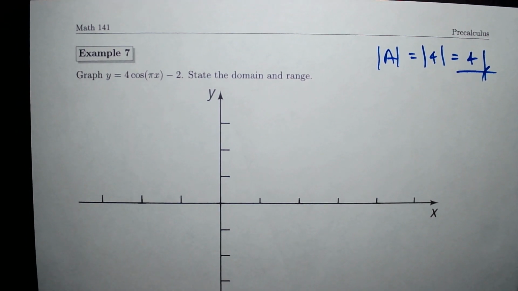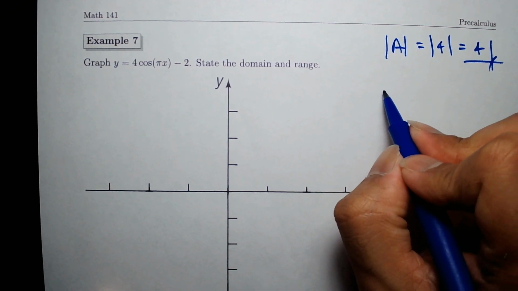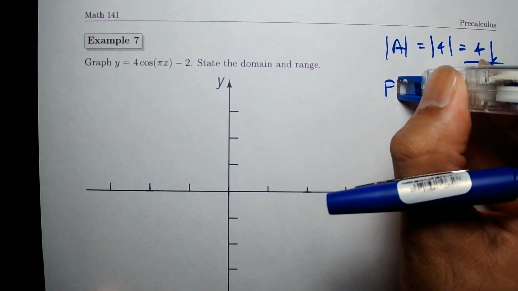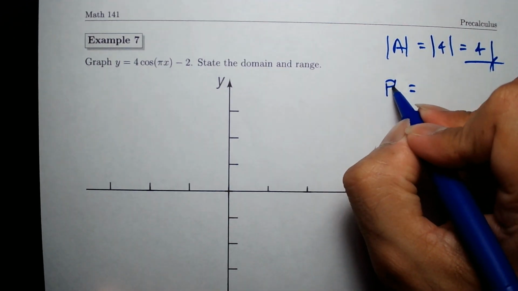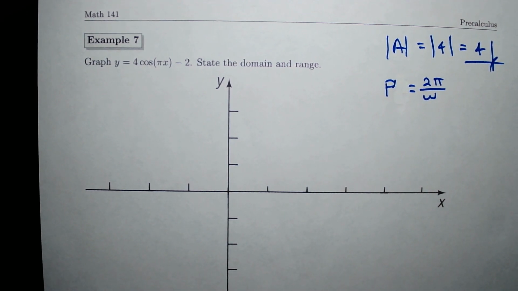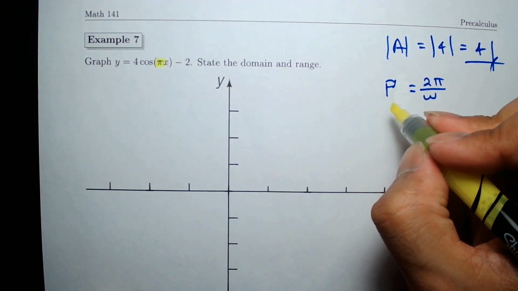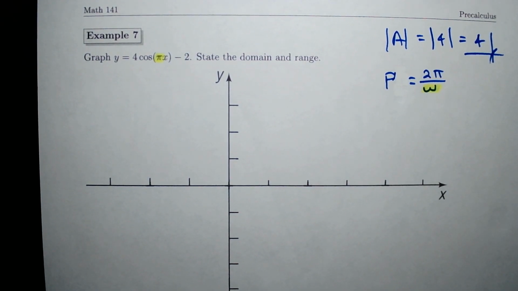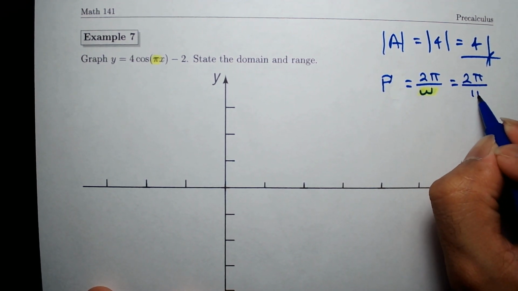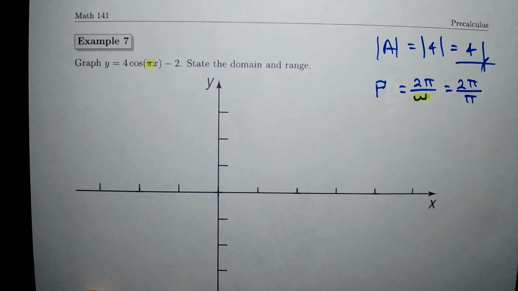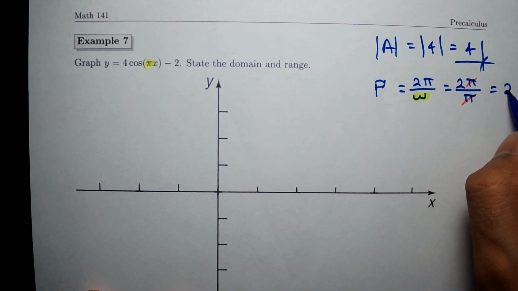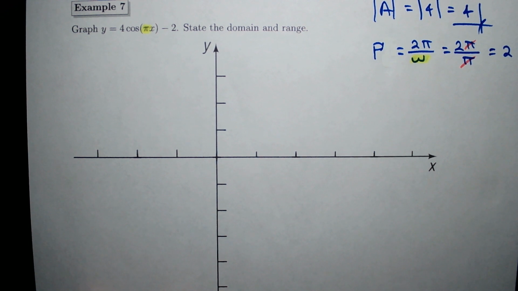So in this case, the period, which is defined as 2 pi over omega, which is the number that multiplies x inside of the parentheses of the trigonometric function, is going to be 2 pi over pi, which reduces, in this case, pi's go away, and the period is 2. All right, that's going to be an interesting one to graph.